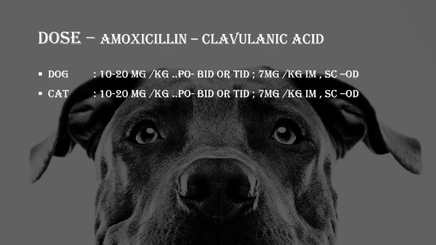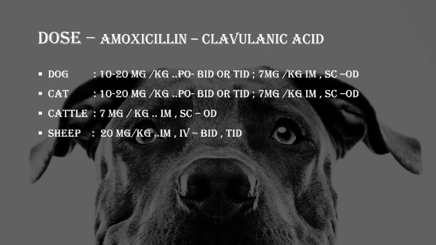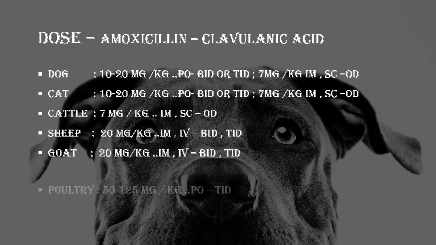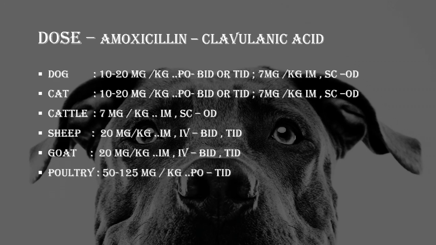The same dose rate is followed in cats. In cattle, it is given at the dose rate of 7 mg per kilogram. For sheep and goat, it is given at the dose rate of 20 mg per kilogram. In poultry, the dose rate is 50 to 125 mg per kilogram.